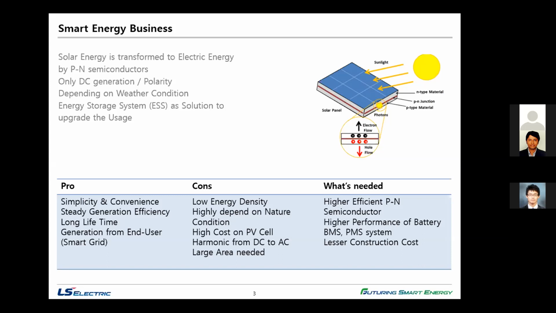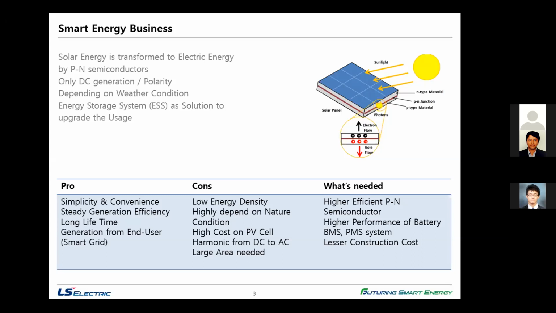A photovoltaic has a particularly specific characteristic as a method of generation, and it has polarities. So the only possible way is DC generation. Think about it, how we use our electricity in daily life is basically AC. So what is necessary is an inverting system, which means from DC to AC after photovoltaic generation.